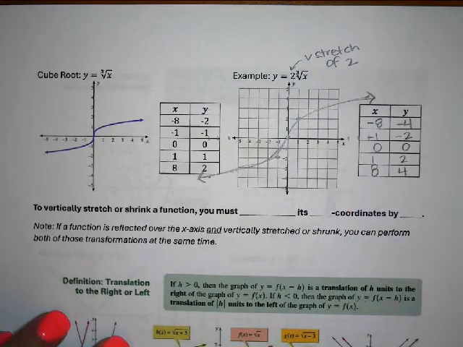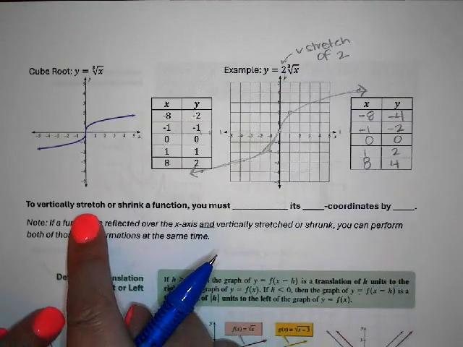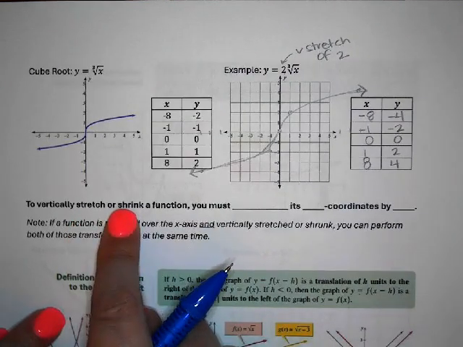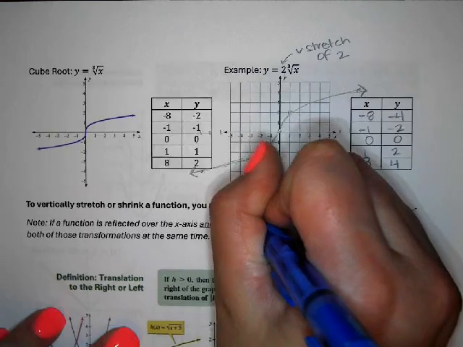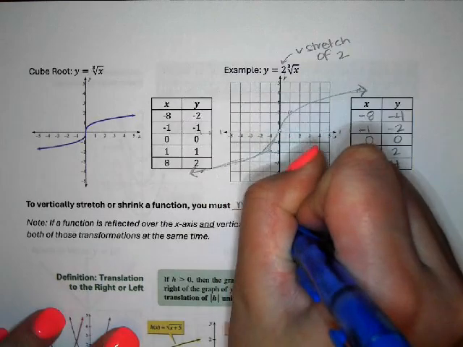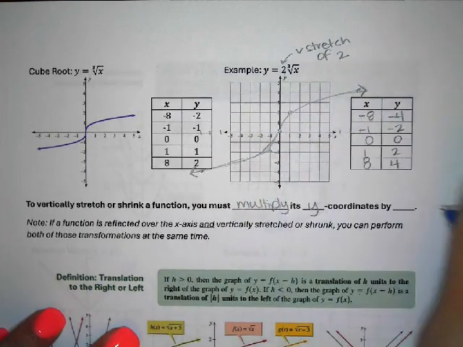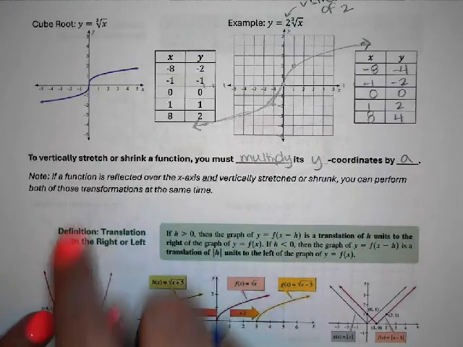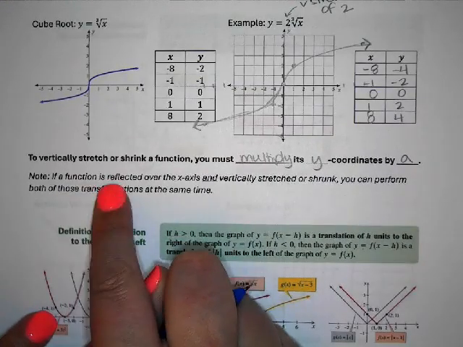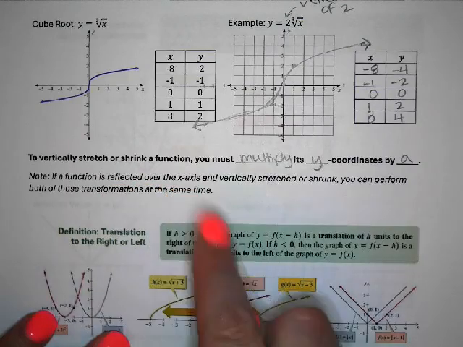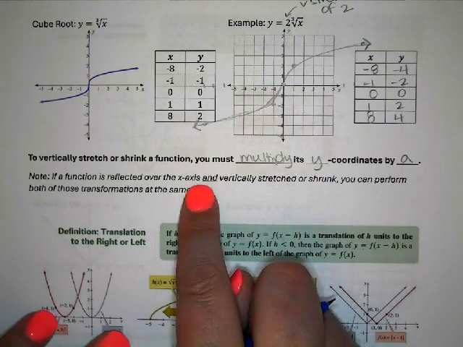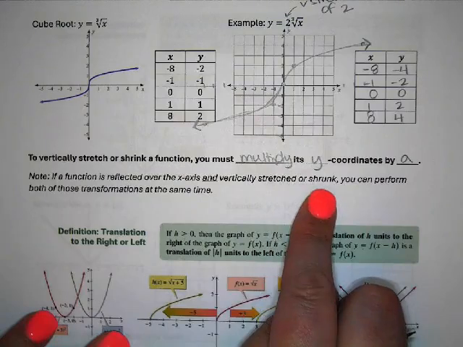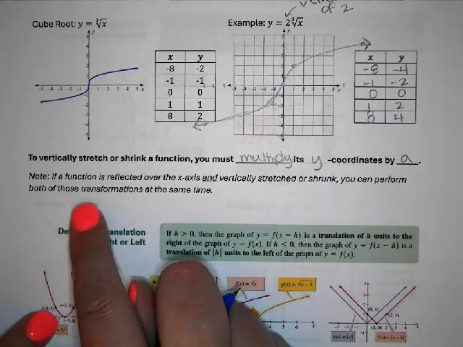So to vertically stretch or shrink a function, you must multiply its Y coordinates by A. And A is that number, that coefficient in front of the function. Now there's a note here. It says if a function is reflected over the x-axis, so it's got a negative in the front, and it's vertically stretched or shrunk or compressed, you can perform both of those transformations at the same time.